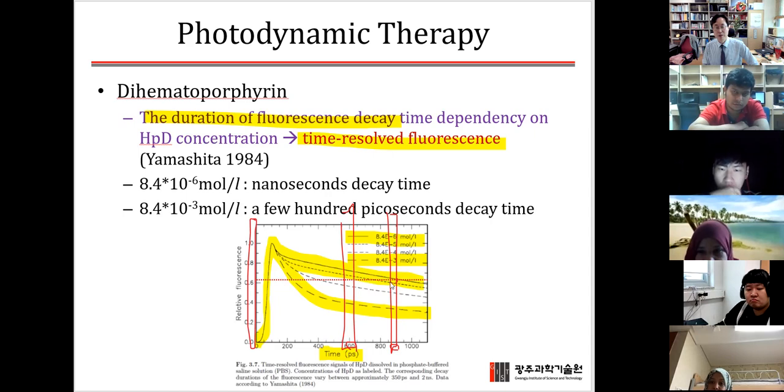If you have a stronger fluorescence compared with a weaker fluorescence, then you can see, okay, this region has a higher concentration compared with this region. And then you can imagine that these are probably non-tumor, and these correspond to the tumor region.